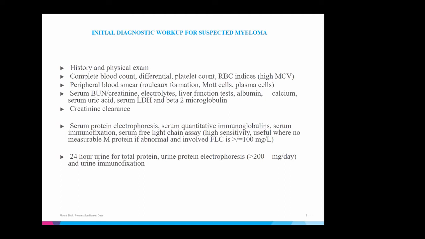The serum free light chain assay has come into much wider use in the last couple of years, and it's highly sensitive, and it's useful if there's no measurable M protein, and it's important to look at the degree of the free light chain elevation. 24-hour urine for total protein, for urine protein electrophoresis, and urine immunofixation is also part of the workup.